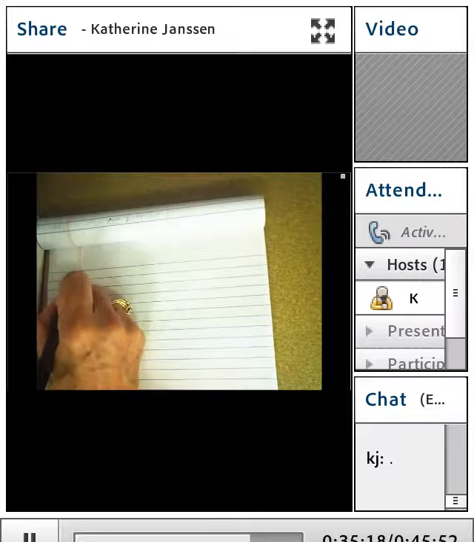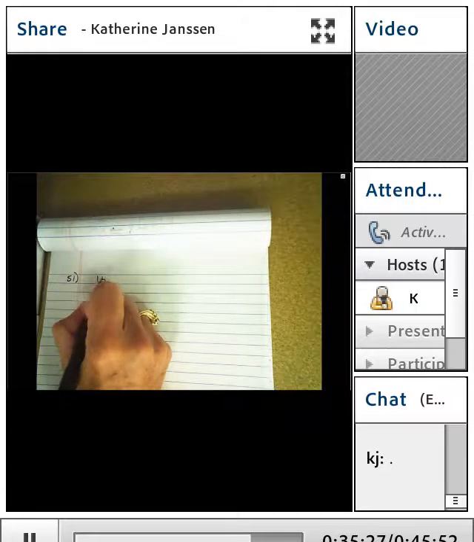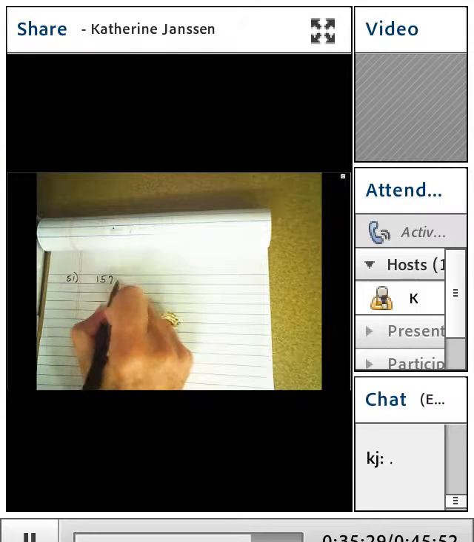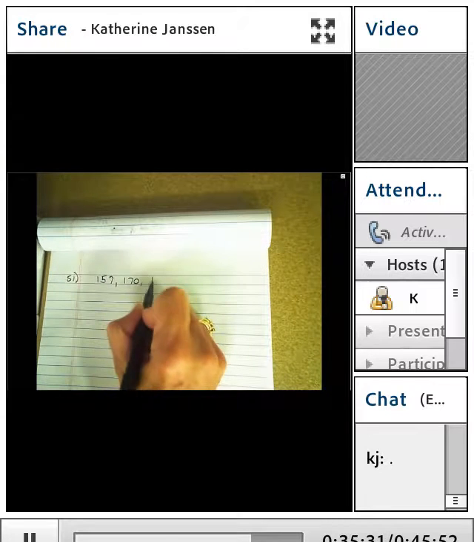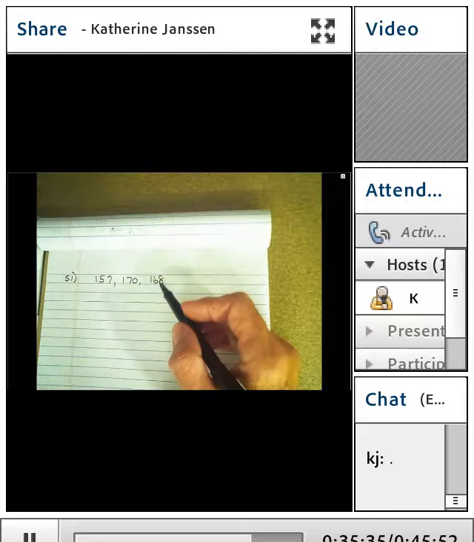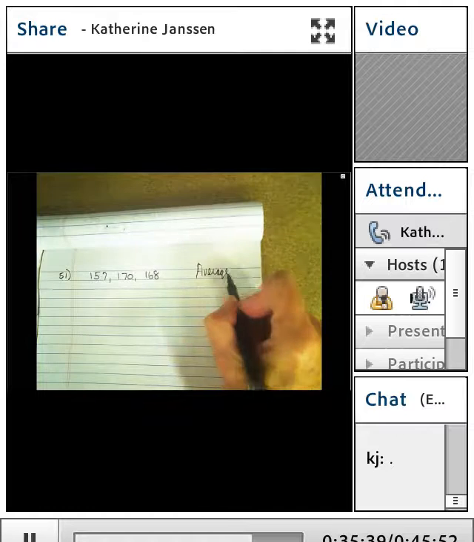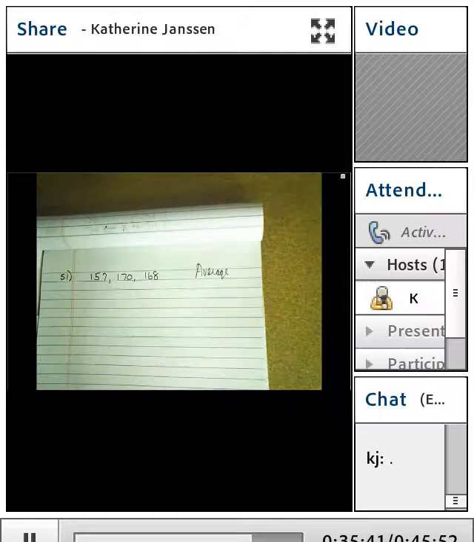Number 51. Find the average of 157, 170, and 168. So we have 3 data items, and we're supposed to find the average. Remember that average is a 2-step process.